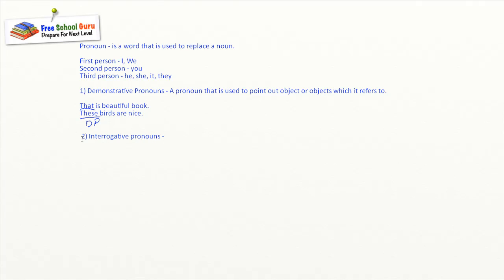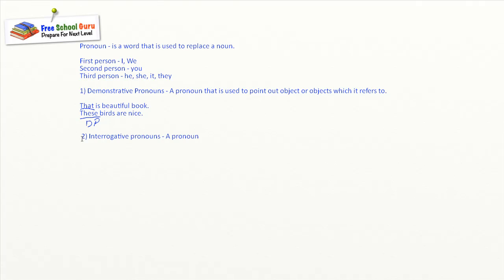A pronoun that is used to ask a question is called an interrogative pronoun. So let's take a couple of examples here. What do you think? Which is your house? These are all interrogative pronouns because you're asking a question.